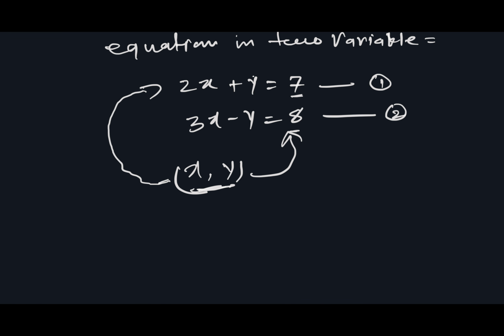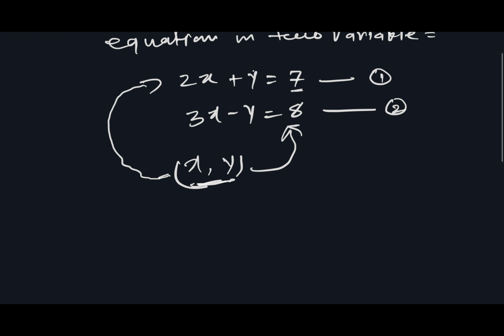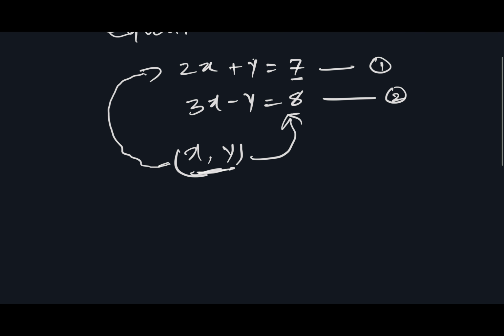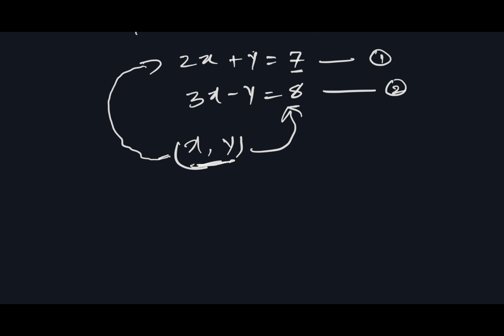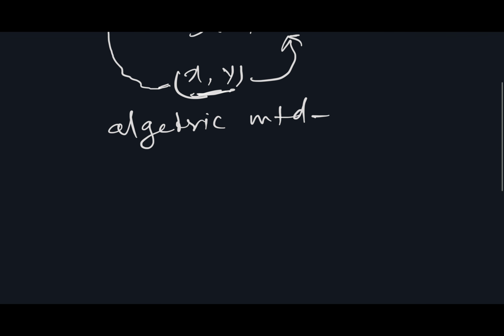There are basically two ways we can categorize the methods of solution. One is the graphical method, and the other is the algebraic method. Today we will learn the algebraic method. In the algebraic method, we have mostly three kinds of methods to solve this kind of question.